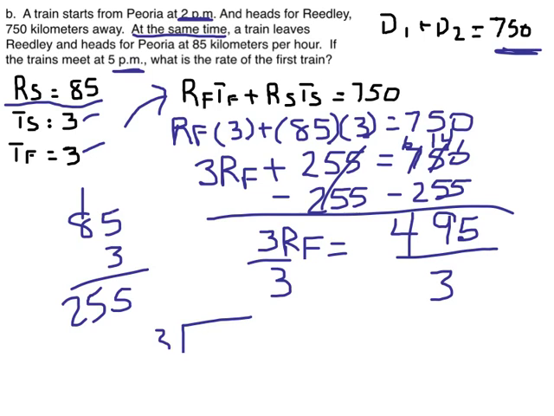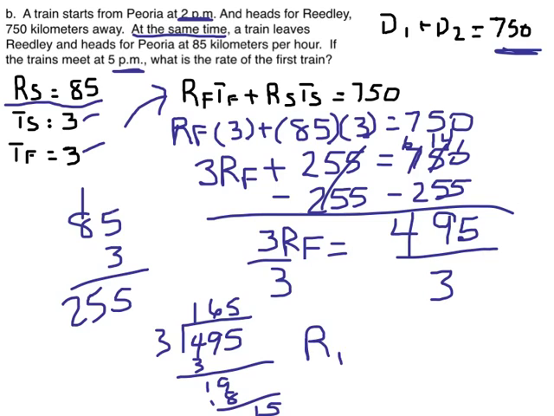And 3 into 495, 1 minus 3, 1 9, that's 6, 1 8, that's 15, that's 5. So RF equals 165. So the rate of the first train then would have to be 165 kilometers per hour.